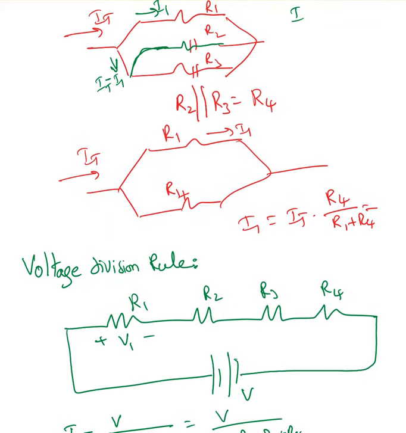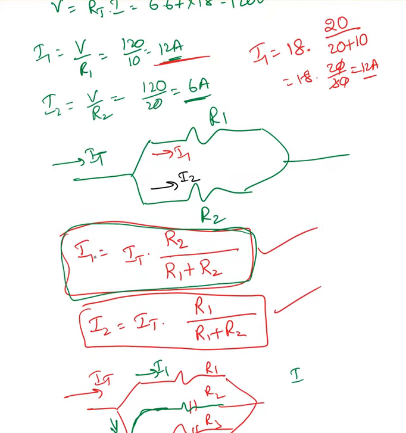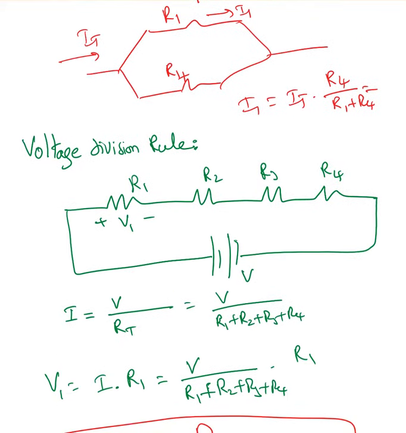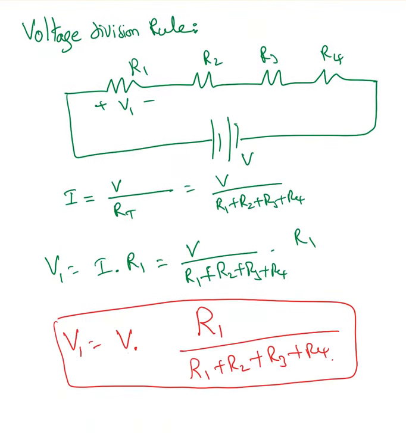Whereas for the current division rule, we use total current multiplied by opposite resistance over total resistance. But this is valid only for two resistors in parallel. The voltage division rule you can use for many resistors in series. Thank you.